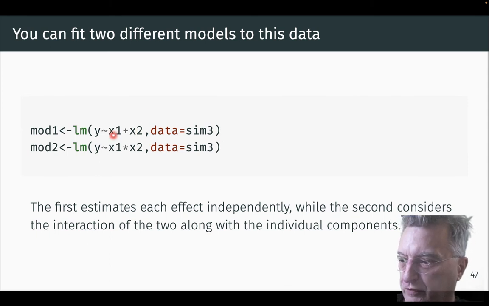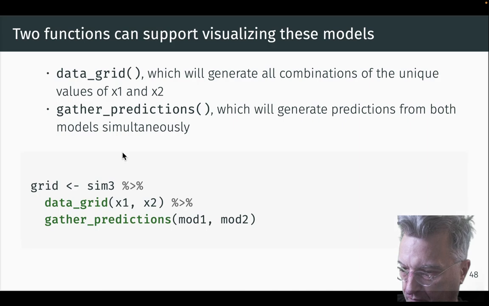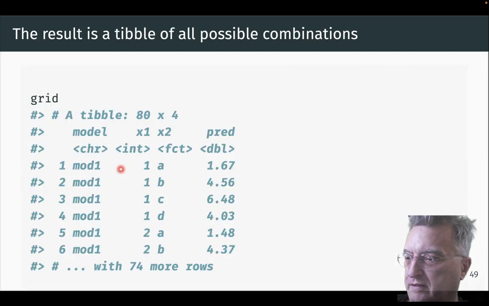And we can fit two different models to this data. We can either add x1 and x2, or we can multiply x1 by x2. And there are functions to support visualizing these. We can do a data grid and gather predictions, and we get as an output a grid, a tibble of all the possible combinations.